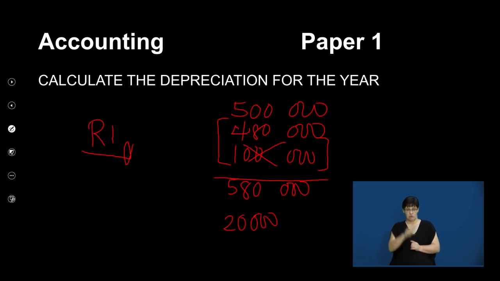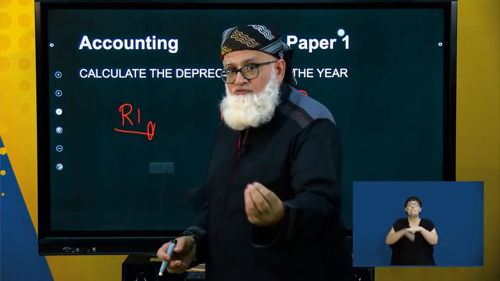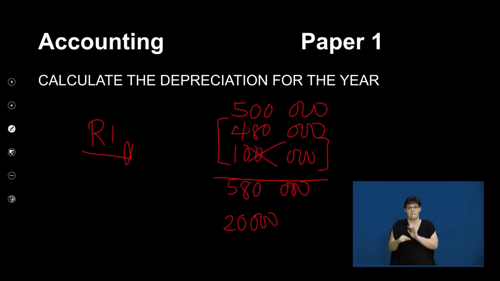Remember that carrying value we worked out? The maximum depreciation that you can write off on this particular asset for this financial year is a maximum of 20,000 minus the 1 Rand, which will give you an amount of 19,999 Rand.